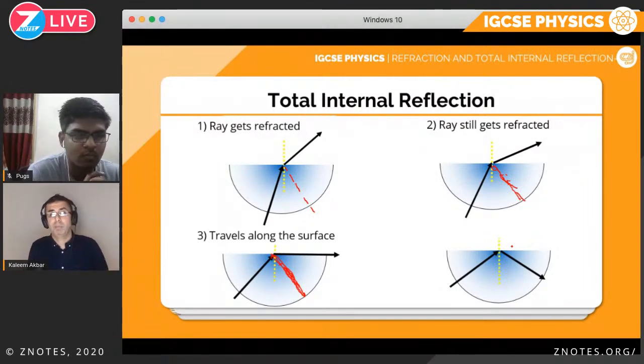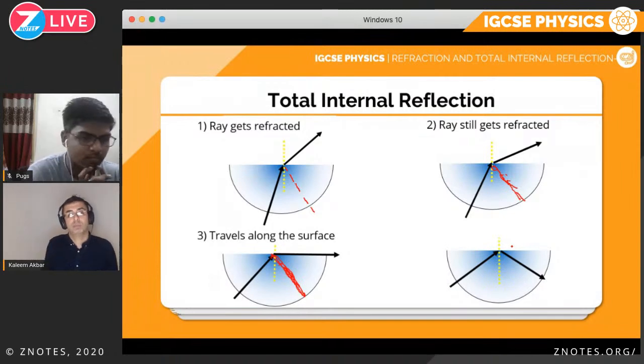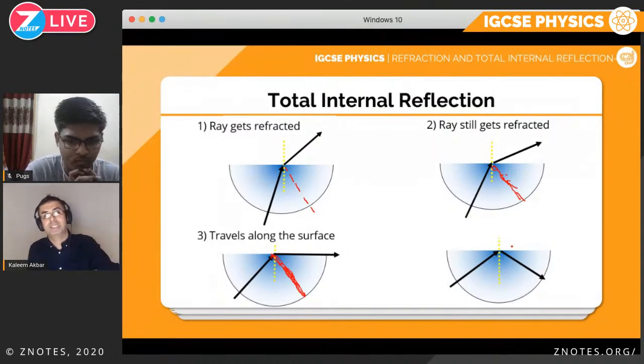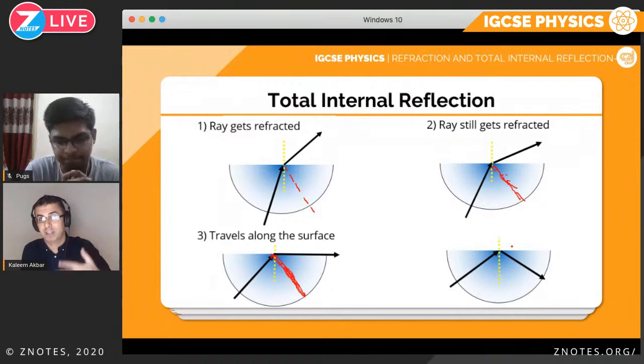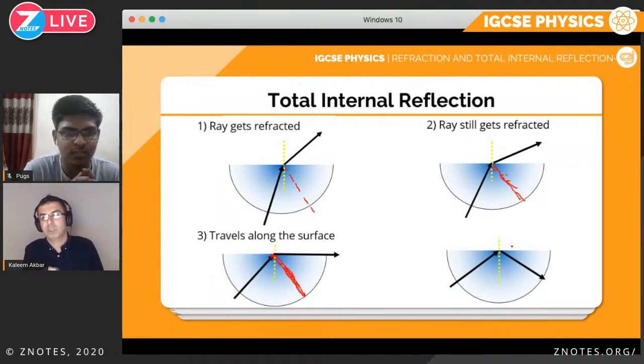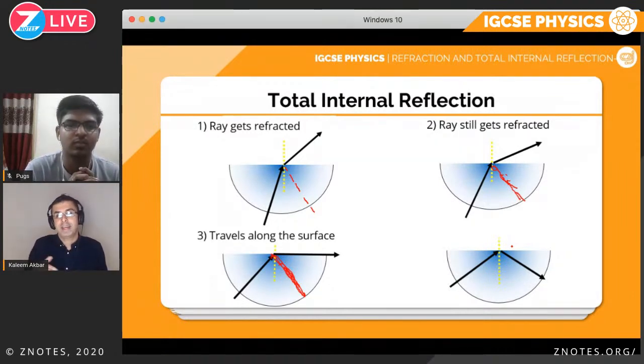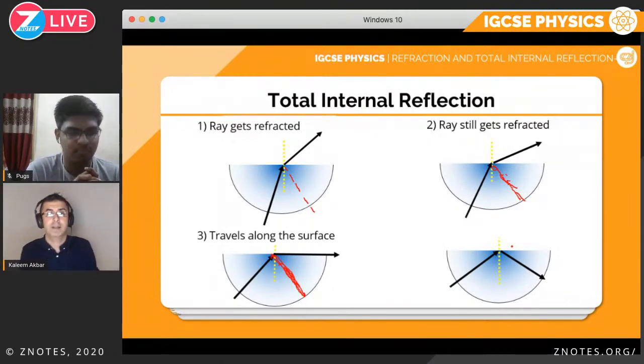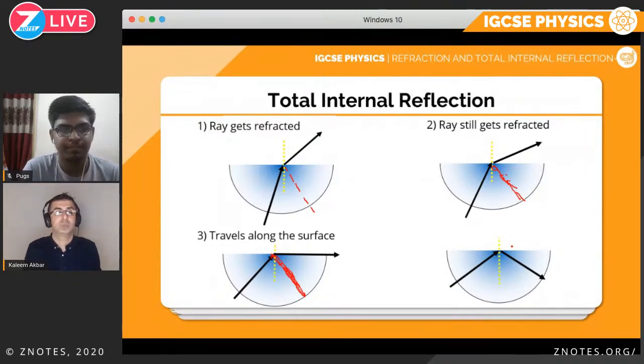Light hits a boundary. Part of it is refracted, part of it is reflected. Why do they not show it most of the time? Because they're more interested in the fact that most of it's refracting than reflecting. It's very weak. That's why I draw it dashed. As we go, it gets stronger and stronger until it all stays inside. And that effect is what we call total internal reflection.